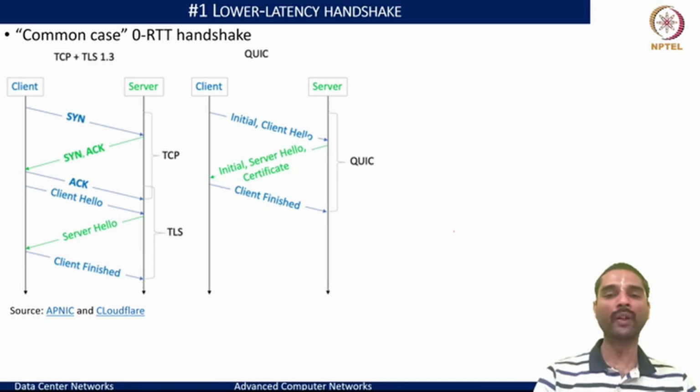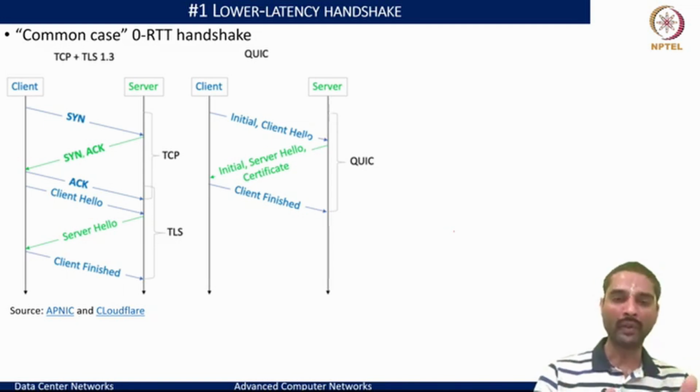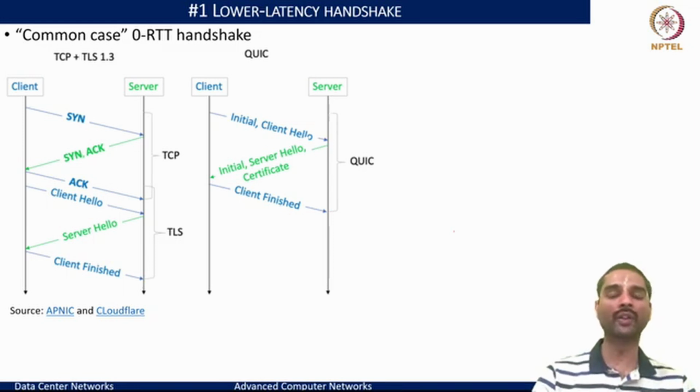And what this meant is you typically need 1 RTT to exchange the client hello, server hello, and all the certificate negotiation, wherein encryption is done right from the end of the client finished. So you would have the entire encrypted session starting right after the client finished, which is where we can see that this is just 1 RTT overhead.